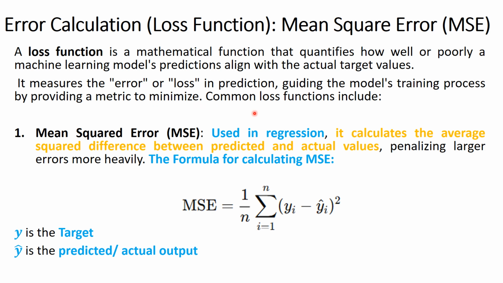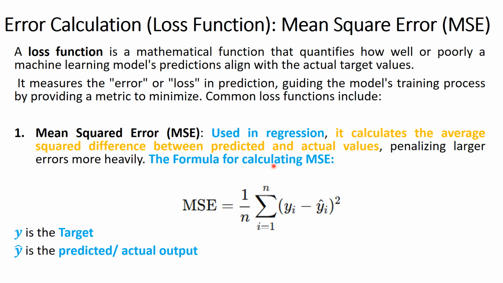Common loss functions include mean squared error, MSE. This function is used in regression. It calculates the average squared difference between predicted and actual values, penalizing larger errors more heavily.